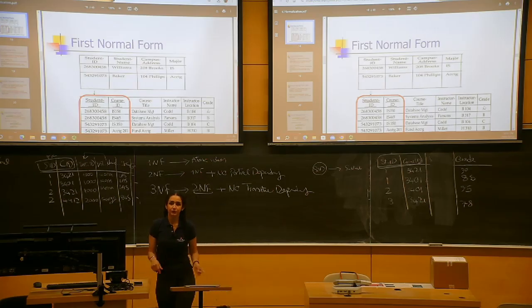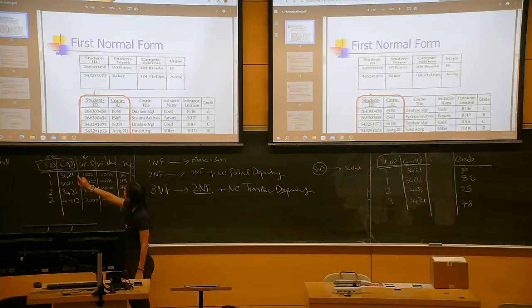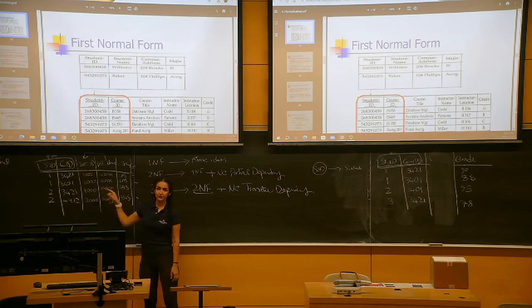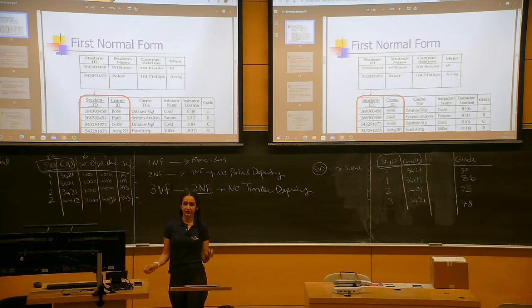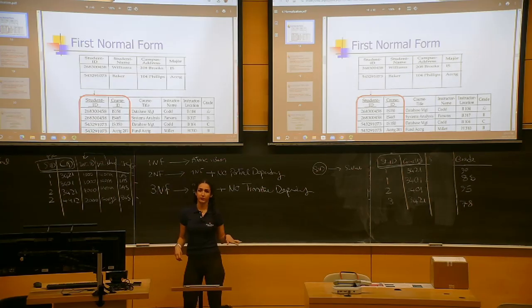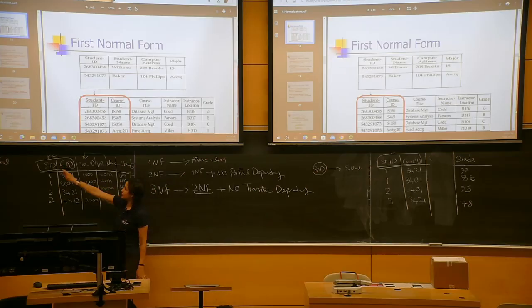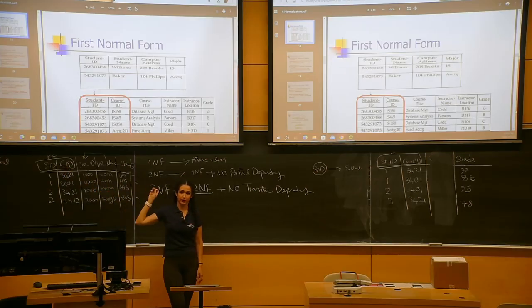If a course had multiple instructors, would it not have a partial key dependency? If a course had multiple instructors, we still have a partial key dependency. If we have the same course with different instructors, it depends. If you mean the course has different sections, then you also have to choose your primary key, because here student ID and course ID will not be your primary key.